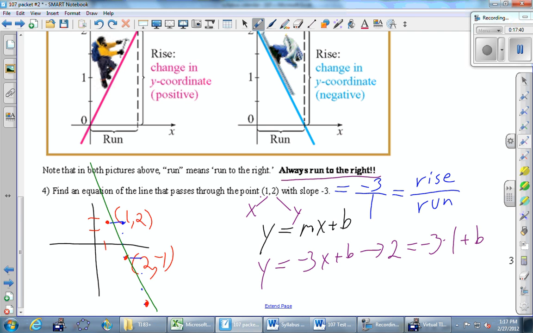And I can find b. Are there questions on that process there? Plug in the x and the y. Slope is still -3. And then just add the 3 to both sides. And we just figured out that b is 5.